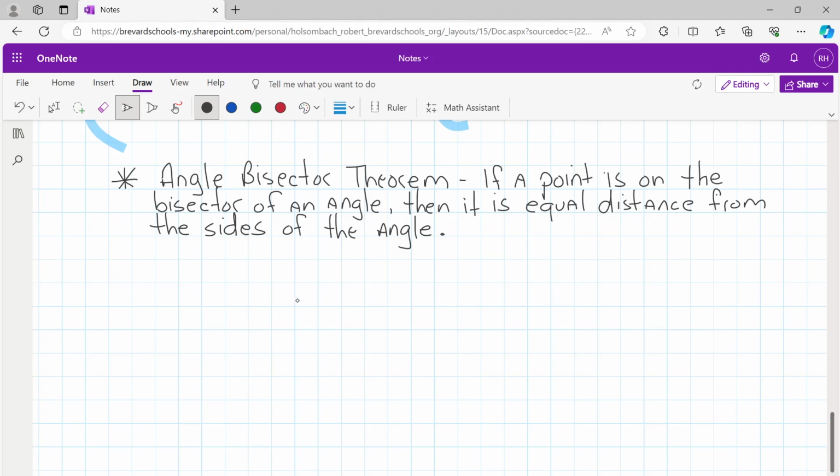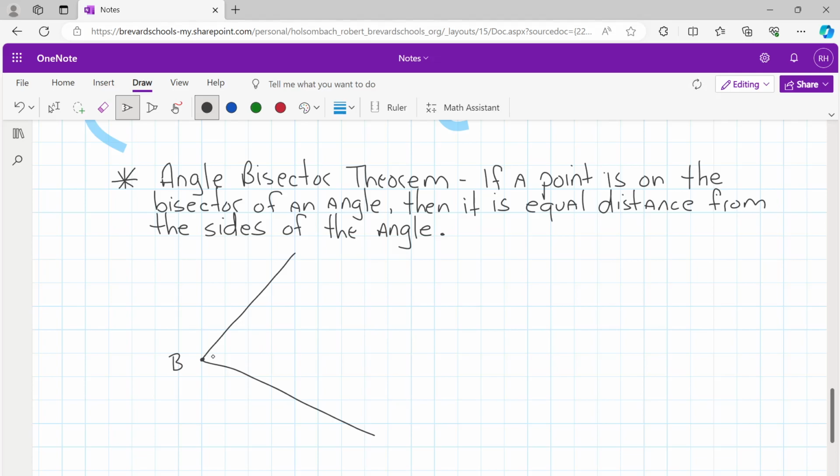So if you take an angle or you draw an angle, this angle that we have here, I'll call this B. Now an angle bisector, that's a ray or a segment that splits an angle in half.